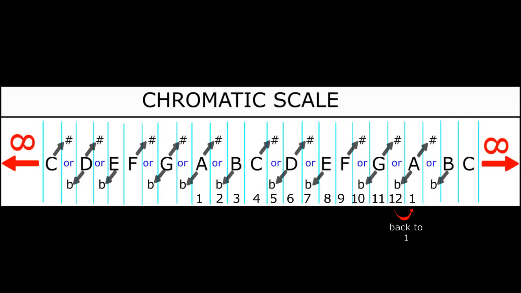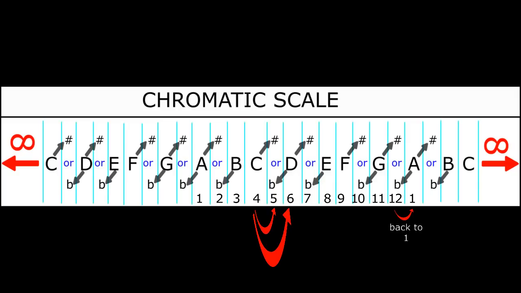Now you don't have to just use half steps, obviously. We use a lot of different kinds of steps or distances in music, and we jump from one distance to another distance, and we create these things called scales. But when one musician is describing these distances to another musician, they will generally use the terms half step and whole step.